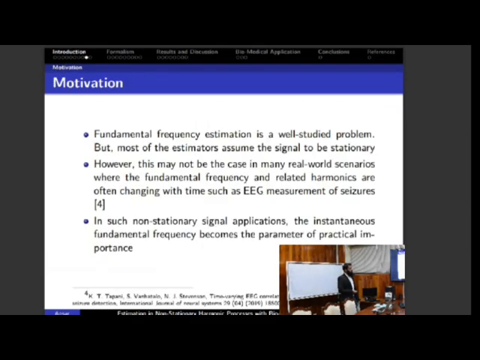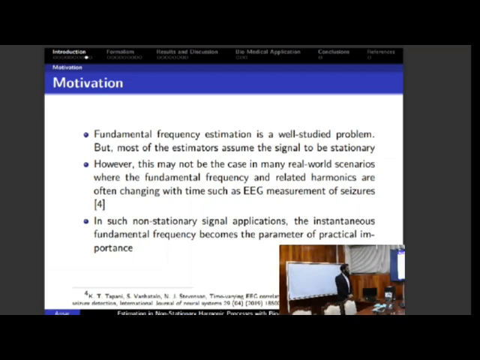So here's the motivation. Fundamental frequency estimation is a well-known problem in the literature, but most of the estimators that we see in the literature assume stationarity. Here stationary basically means statistical stationarity, which says that the statistical properties are stationary within the signal along the period of time.